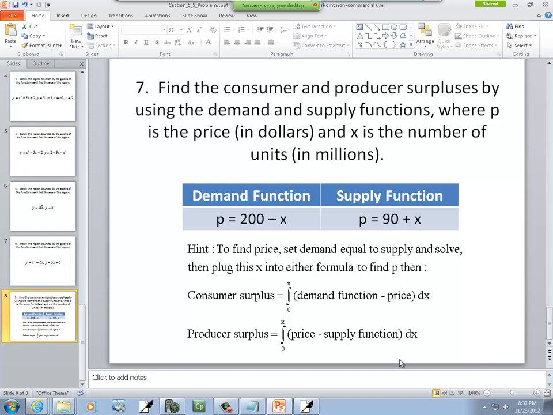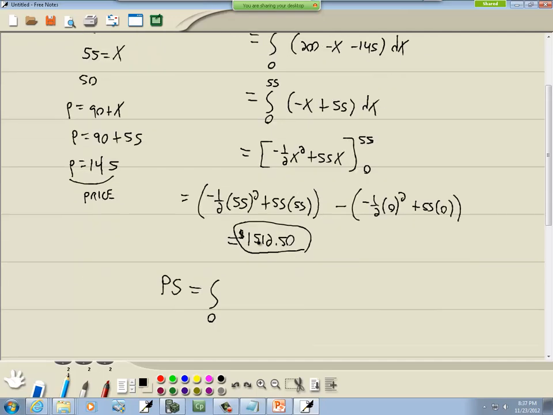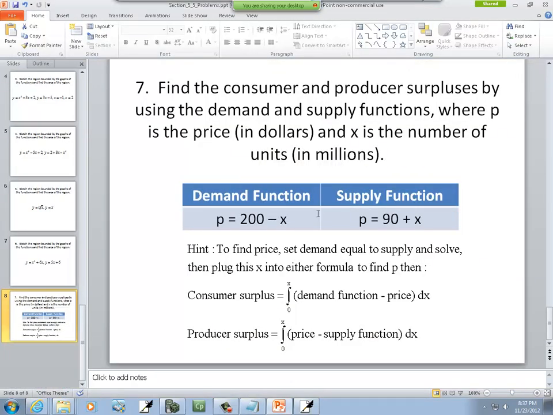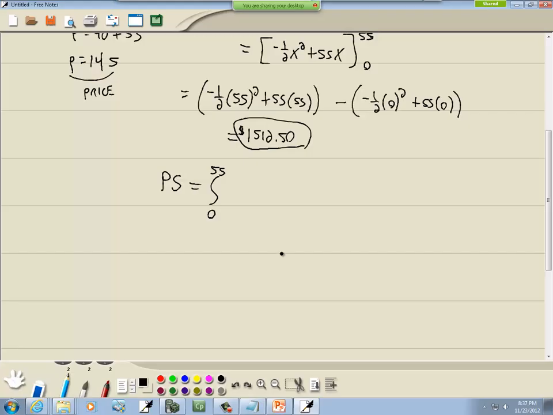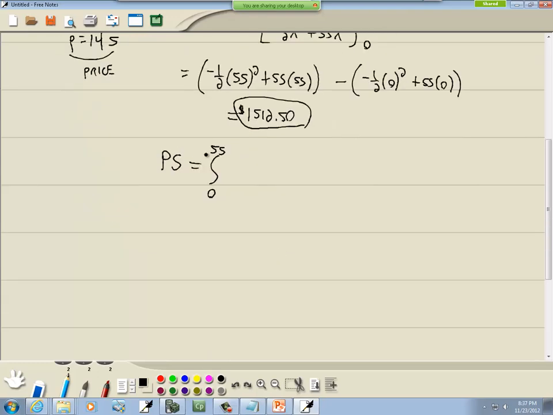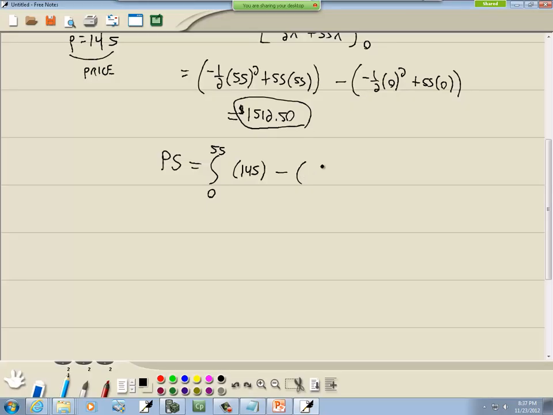Okay, our producer surplus. Let's say PS. Is going to go from 0 to X. And what did we say X was? 55, I think? 55, yeah. And then price, which we said was 145. So 145 minus, and our supply function, which was 90 plus X, dx.